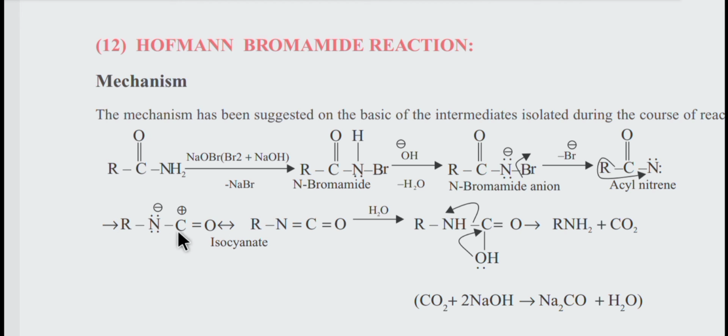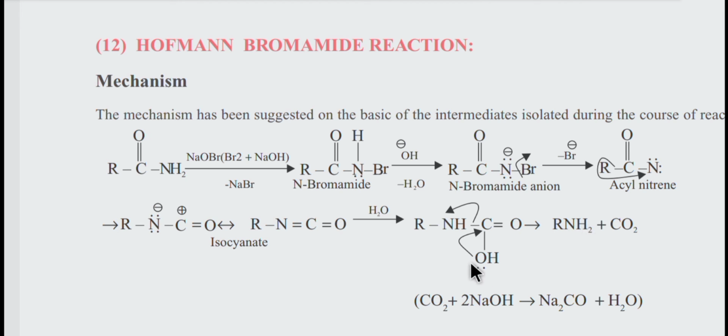The bond between the proton and the OH will break and the proton will shift towards nitrogen and produce RNH2, while one double bond will be produced between carbon and oxygen. It will produce CO2 and also RNH2.